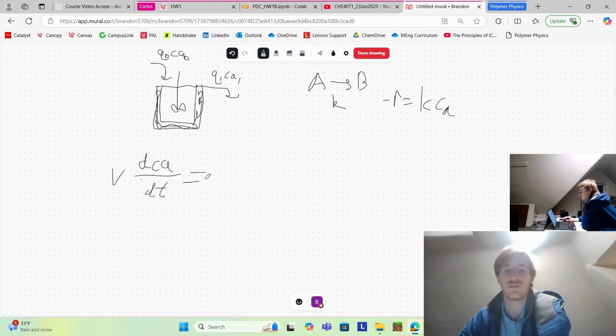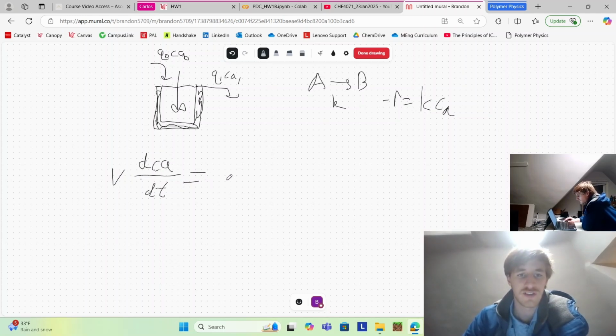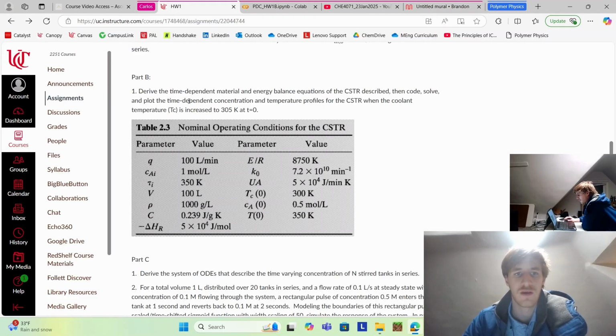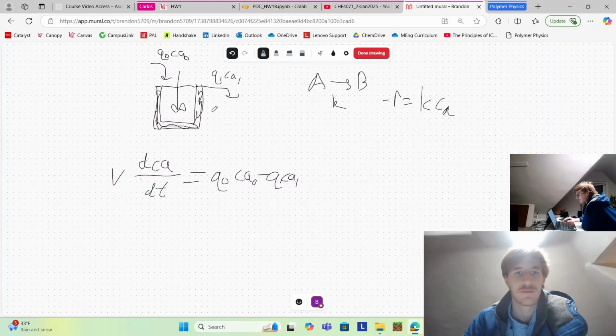And so this will equal our concentration going in minus our concentration going out. We have Q naught CA naught minus Q1 CA1. Now, this tank is at steady state. Doesn't actually say that in here, but we are going to assume that it's at steady state.